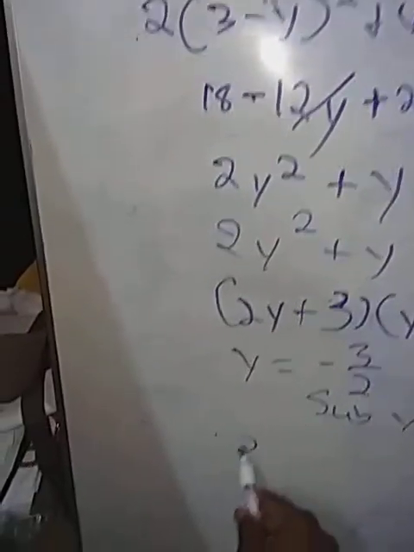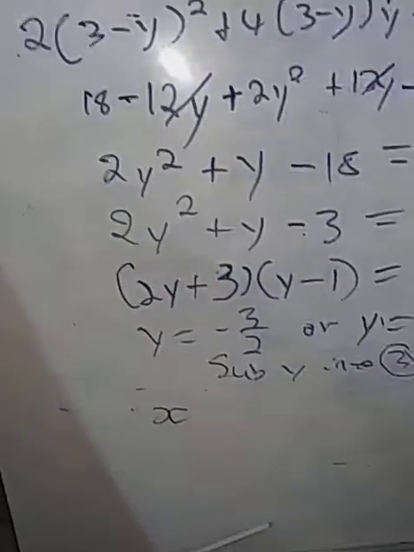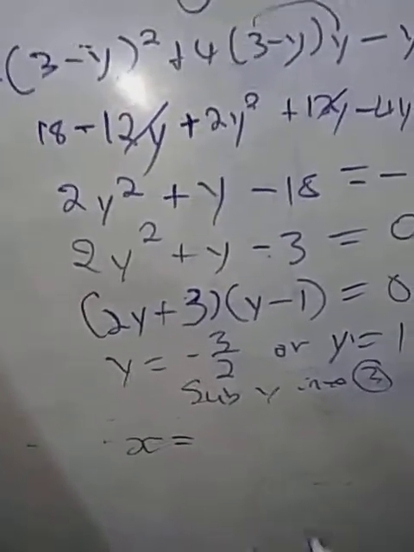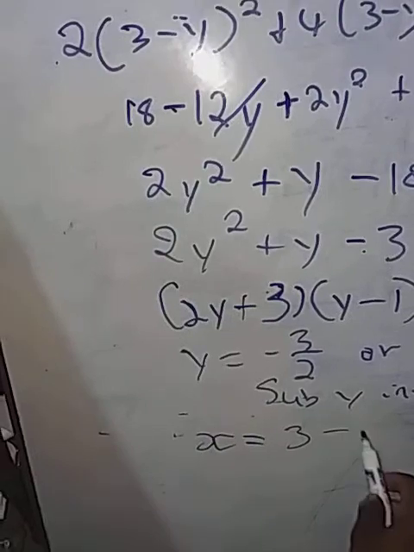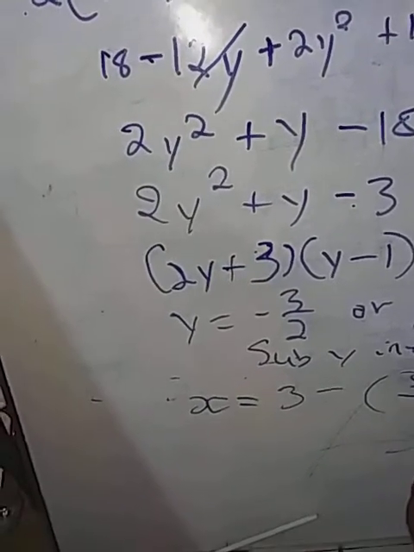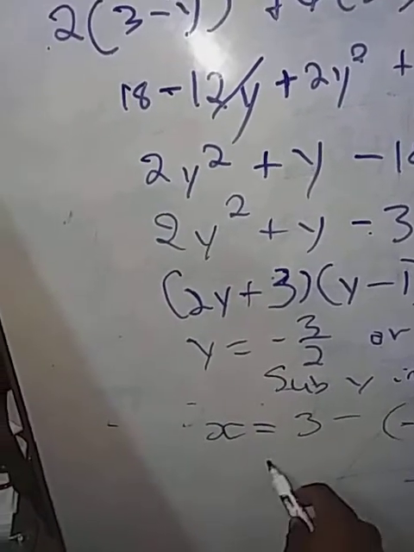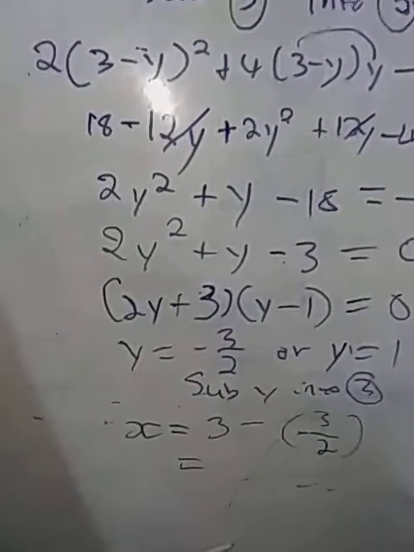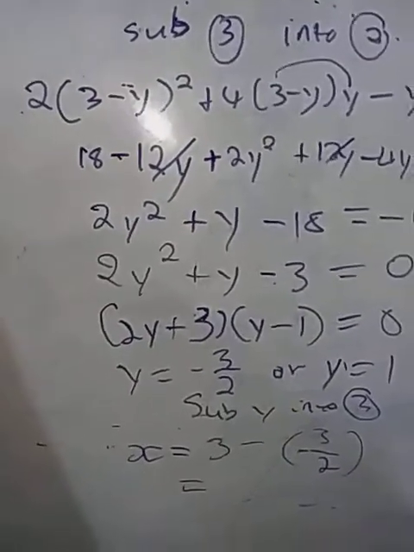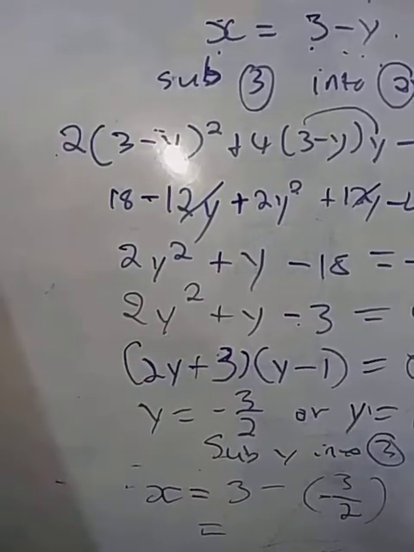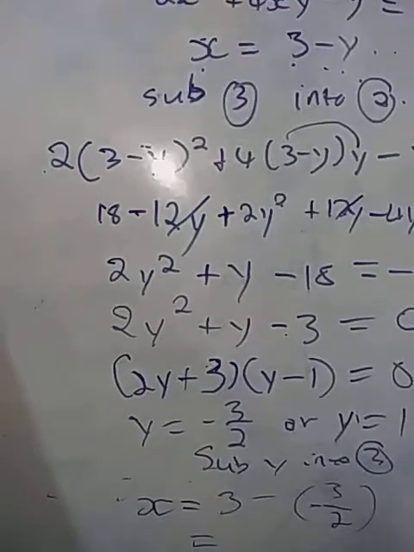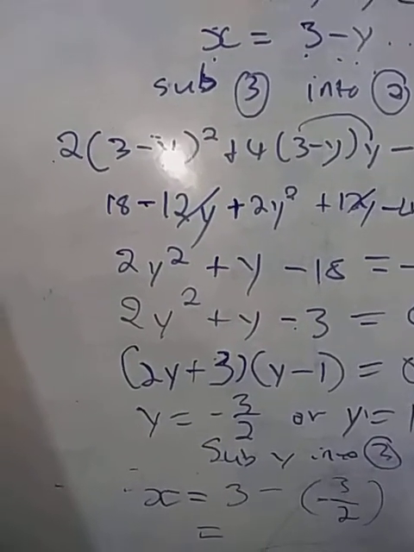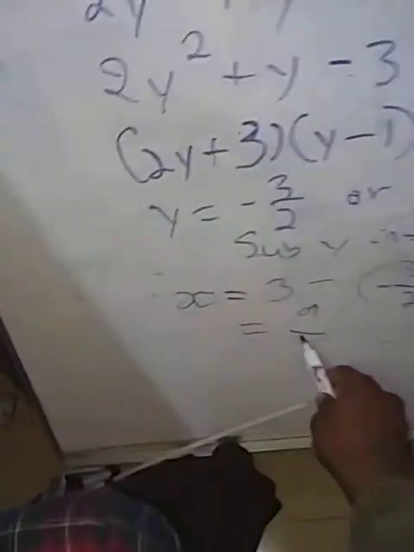Then x is equal to 3 minus 3 over 2. You can press your calculator, or you can do this one in your head. Actually, you need to get used to solving numbers using your head so that you can solve faster and finish all your questions during the exam. It's going to be 9 over 2.